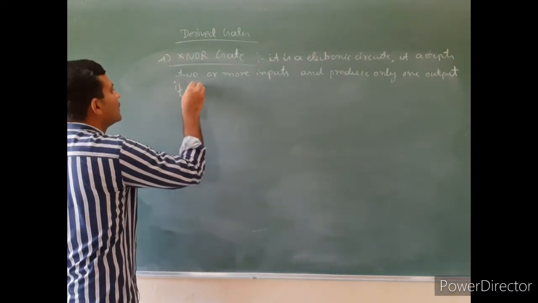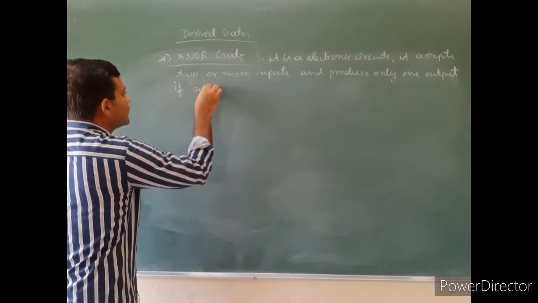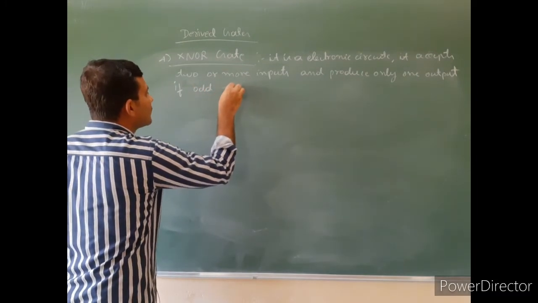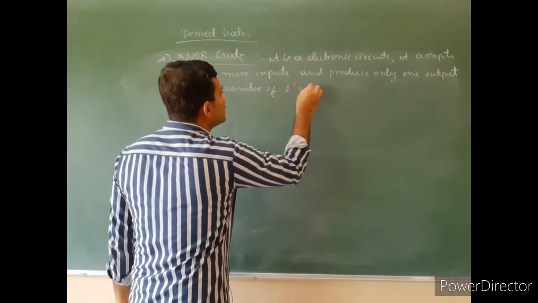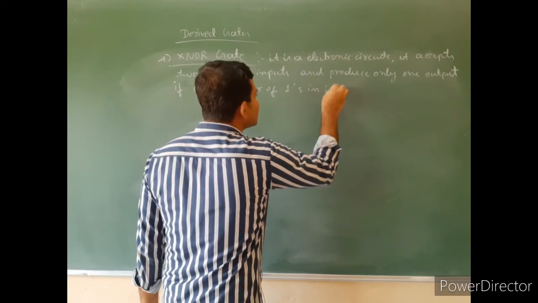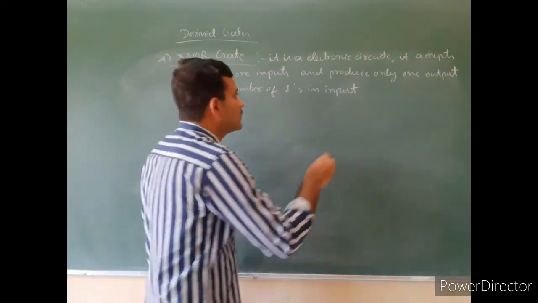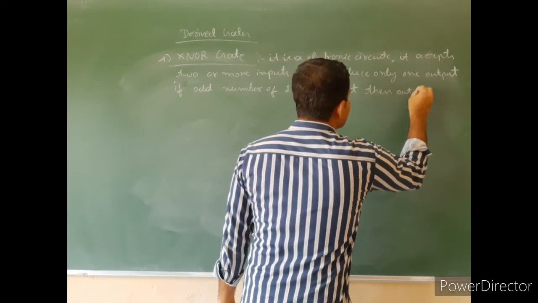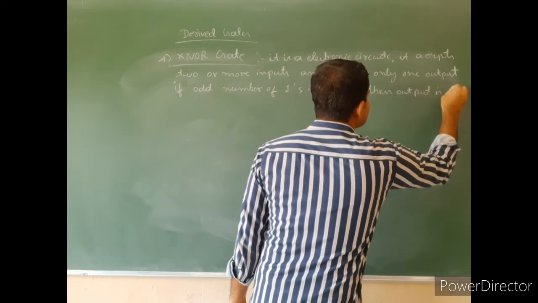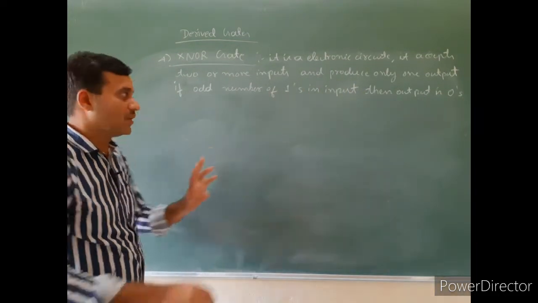If there is an odd number of ones in the input, then the output is 0. For the odd number of ones, the output is 0.